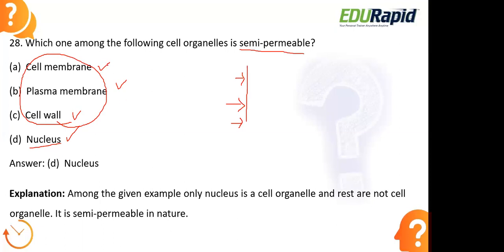The cell membrane, plasma membrane and cell wall are the outer covering of the cell. But the nucleus is the only cell organelle in the given options, because it is suspended in the cytoplasm of a cell, and it is also semi-permeable in nature. So we can choose option D here. Moving to the next question.